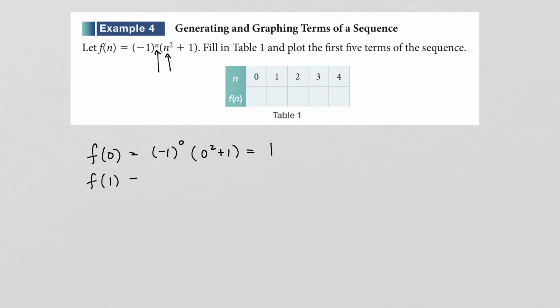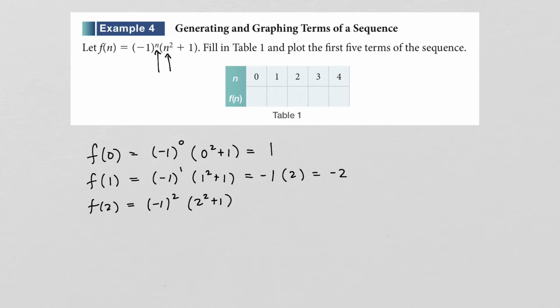f of 1, the next term of the sequence, we're going to have -1 to the 1 power times 1 squared plus 1. Well, -1 to the 1 is -1. And then 1 squared plus 1 is 2, so we get -2. f of 2 will be -1 squared times 2 squared plus 1.